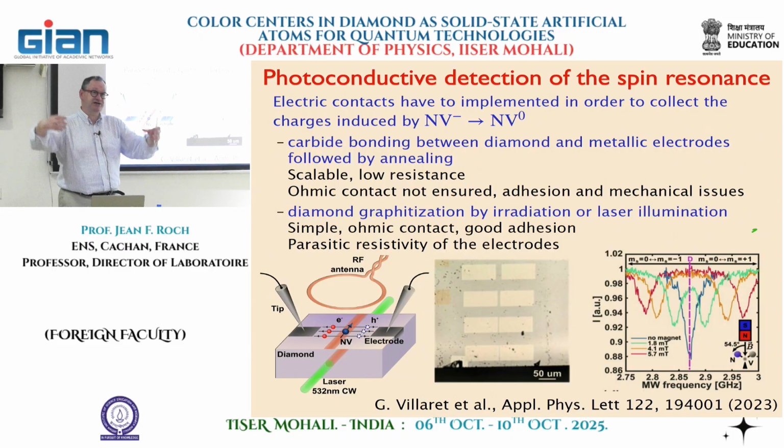You could also imagine one electrode that could be a kind of field effect, something very tiny, and another electrode that would collect all the charge. So there are a lot of possibilities, and that's what my colleagues in Thales are currently exploring.